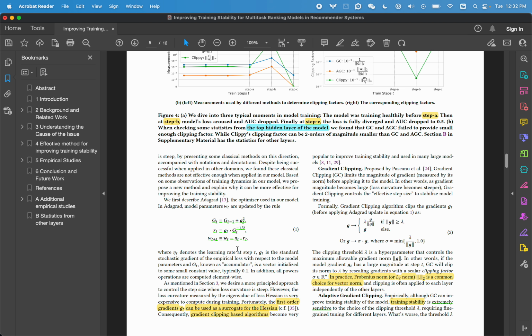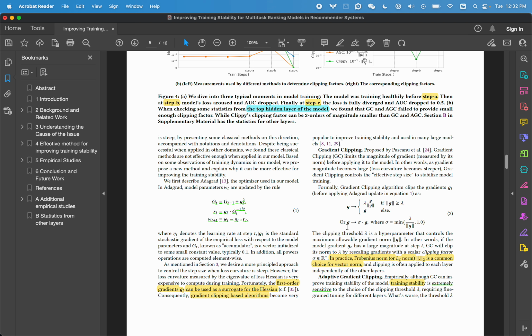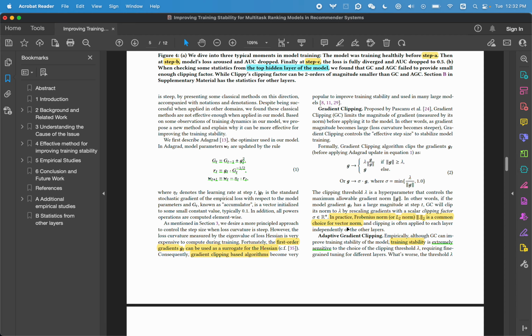So why not use the actual updates, like R_t, as the thing you work on instead of the gradient? You're not scaling down the gradient, you're scaling down the actual updates, which is much closer to the actual effect.